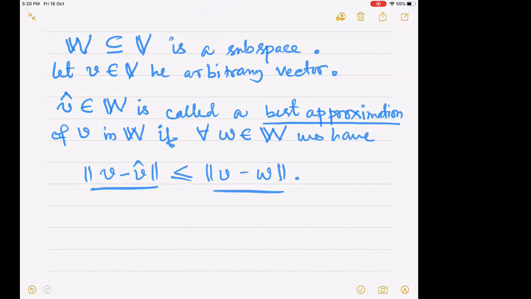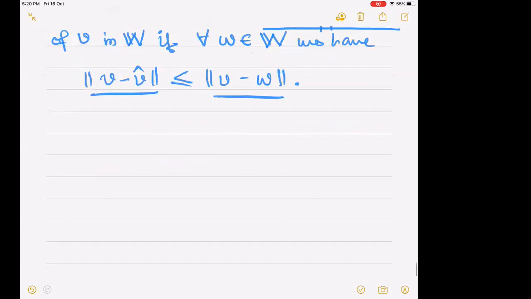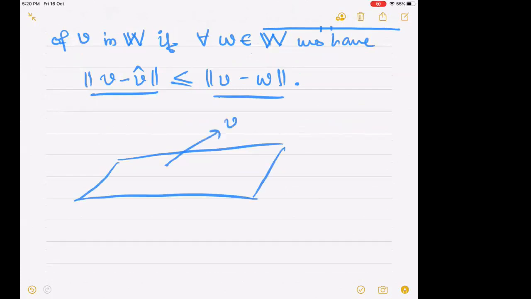Suppose this is my subspace and this is my vector v. Now this v hat here will be called a best approximation if for every other w in this subspace, w1, w2, whatever vector you may take, these lengths will always be greater than or equal to this error length.